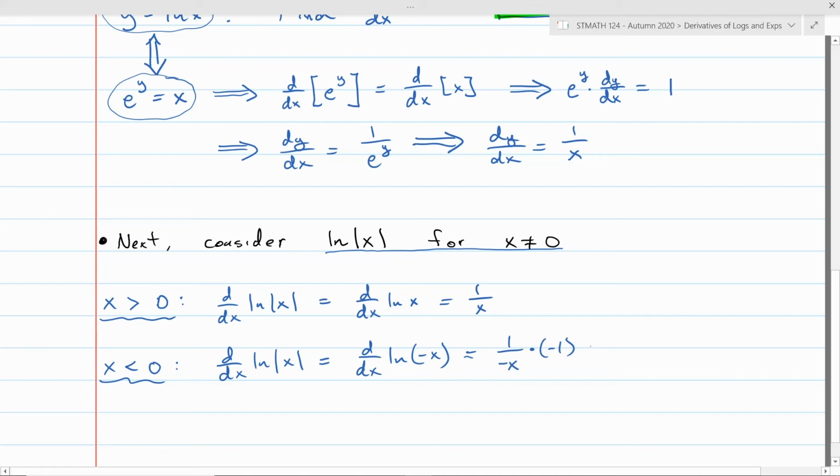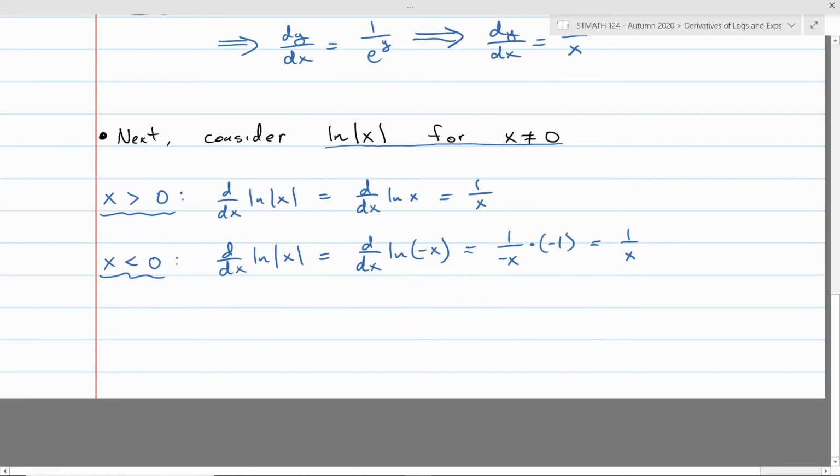So I have to use the chain rule here. But then those negatives cancel and you get 1 over x. So notice that either way, whether x was negative or positive, the derivative is 1 over x. So those two facts taken together tell you that the derivative of natural log of the absolute value of x is equal to 1 over x whenever x is not equal to 0.